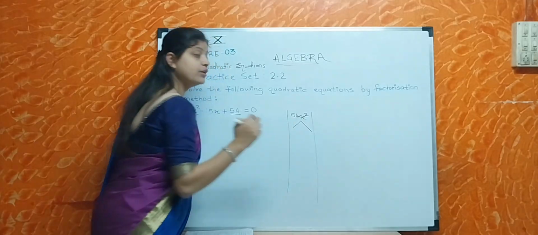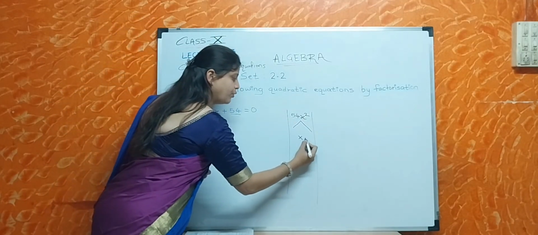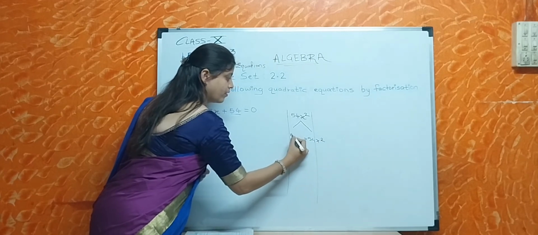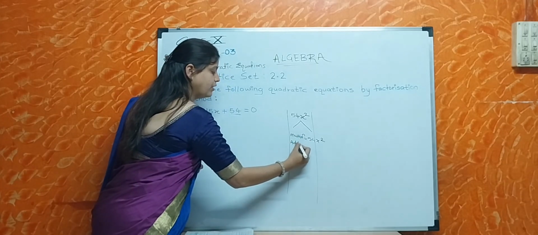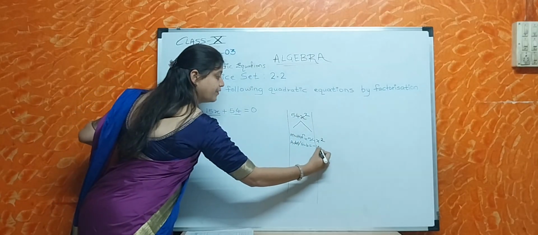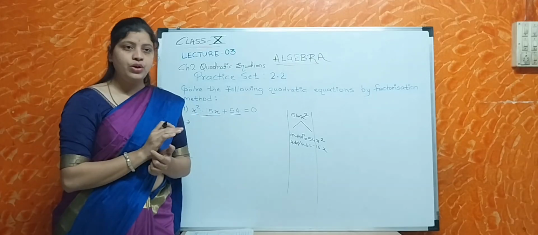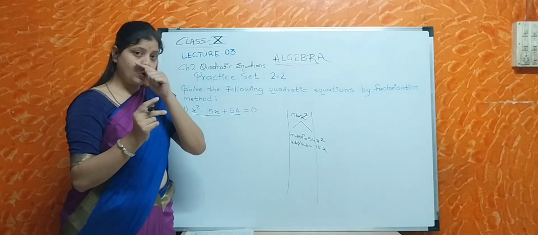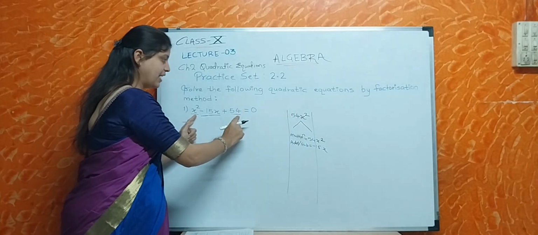Now we want two numbers, or two terms, such that the multiplication of the two terms is 54x square, and the addition or subtraction of these two terms is minus 15x, because there is a negative sign for this 15x. It means you have to find two numbers whose multiplication is 54x square, the multiplication of the first term and the last term.